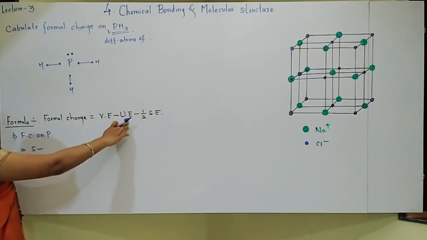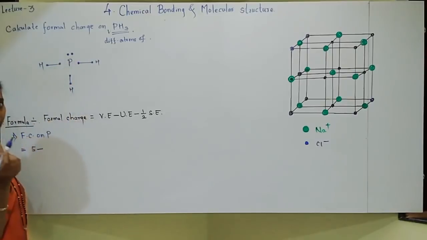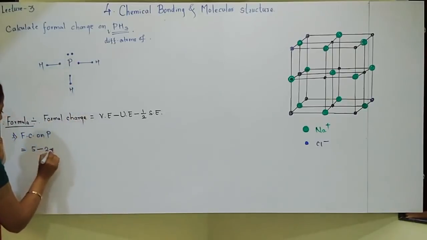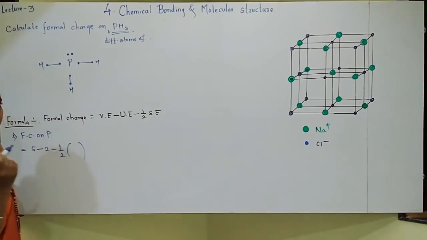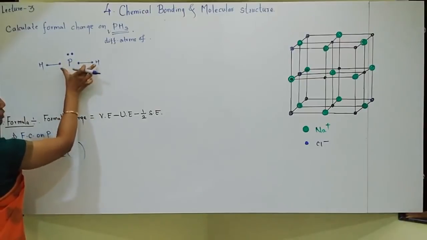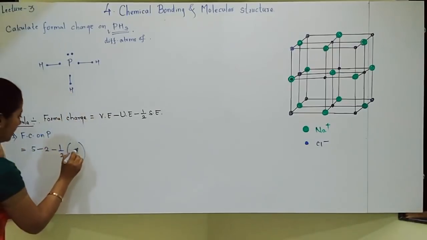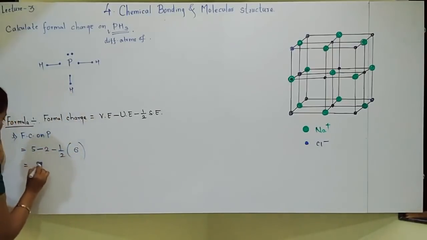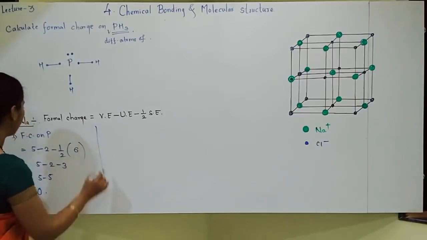Minus UE, unshared electrons: these 2 electrons are not shared, so unshared electrons are 2. Minus half shared electrons. Total shared electrons are how many, students? 3 on one side, and the other side also 3, total 6. So the formal charge is 5 minus 2 minus 3, that is 5 minus 5, answer is 0. Okay, understood?